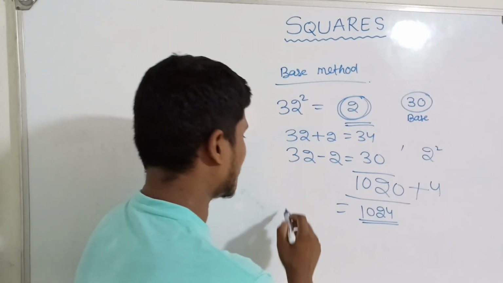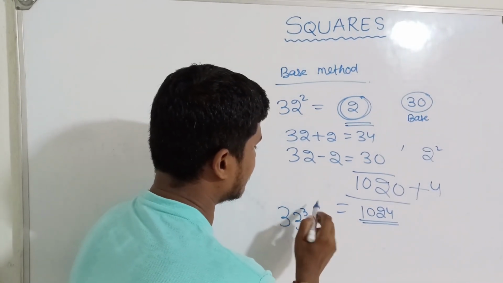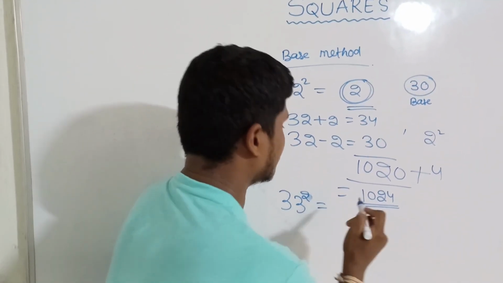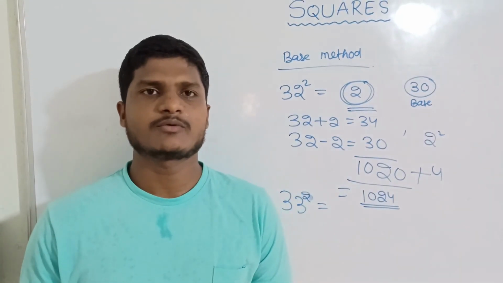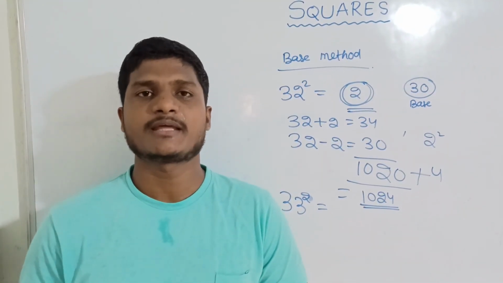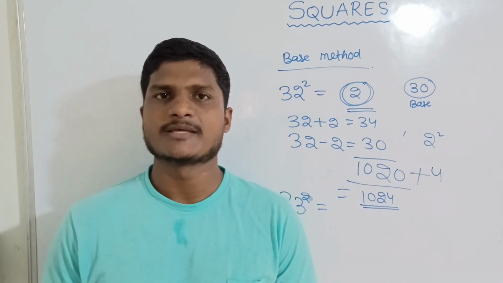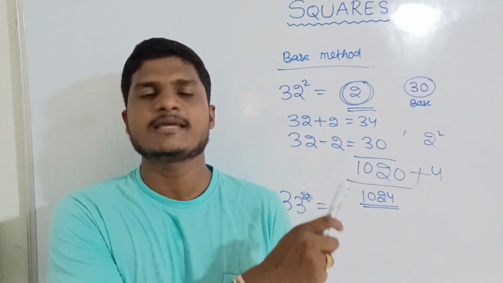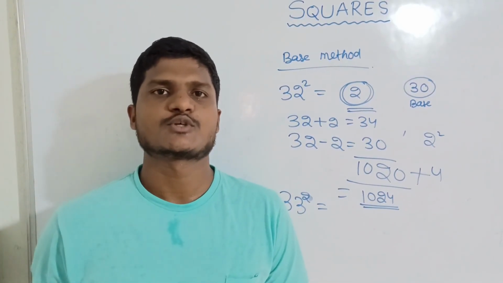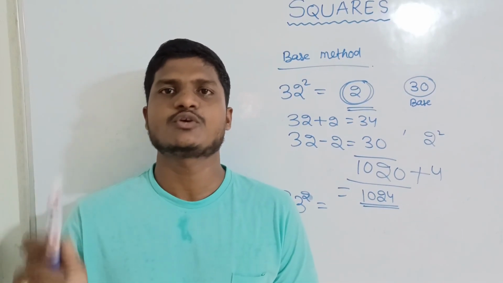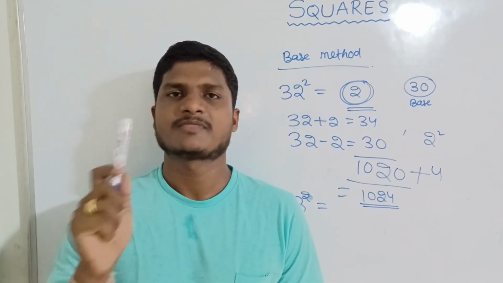Look at this. Suppose I want to find the 33 square. You can take your number as your base. Suppose I take 30 as my base. The difference between 33 and 30 is 3 units. First of all, add these 3 units to 30, that means 33.